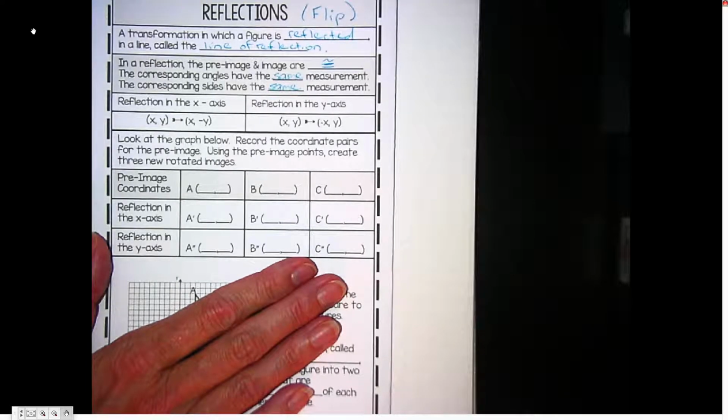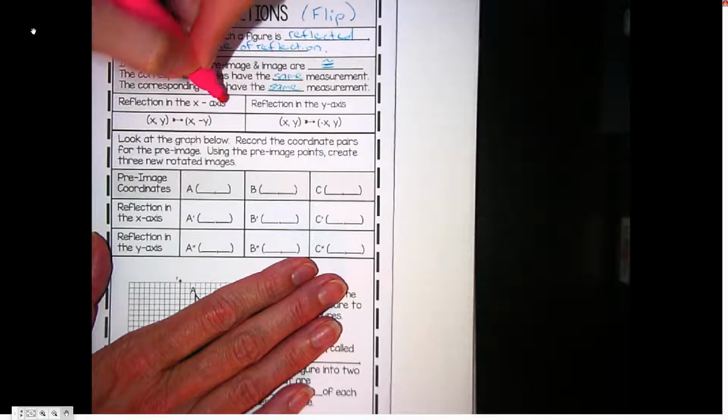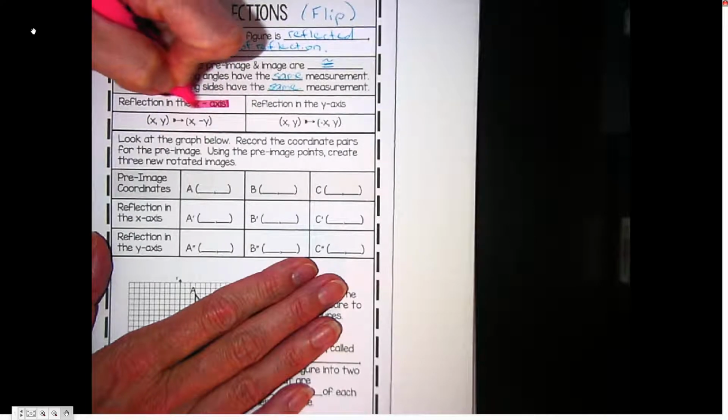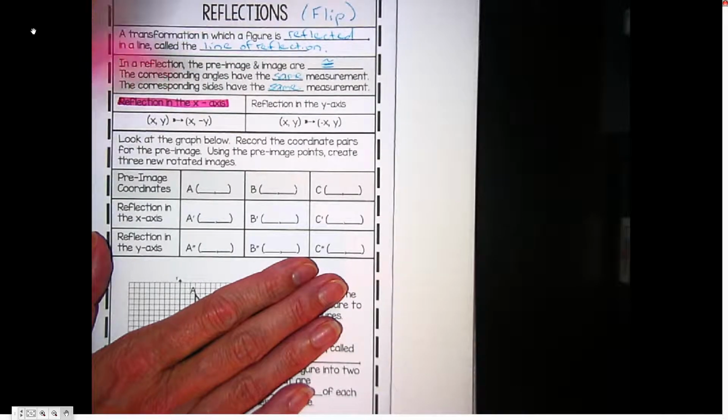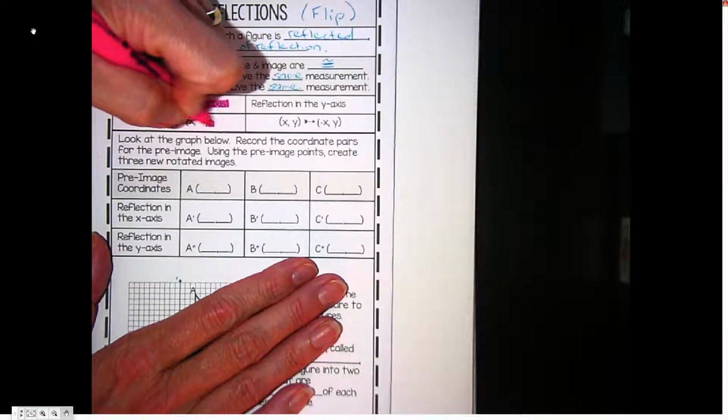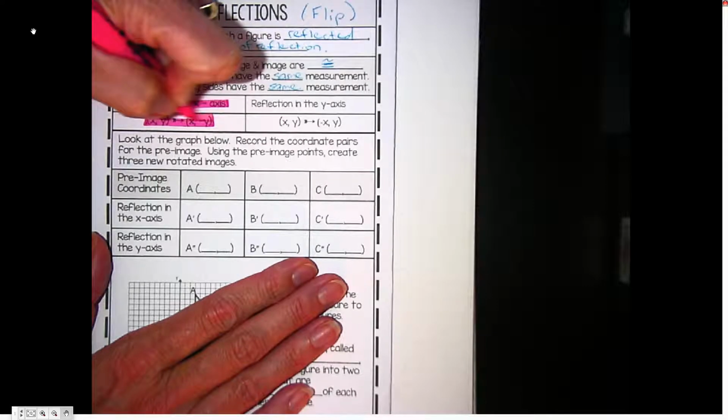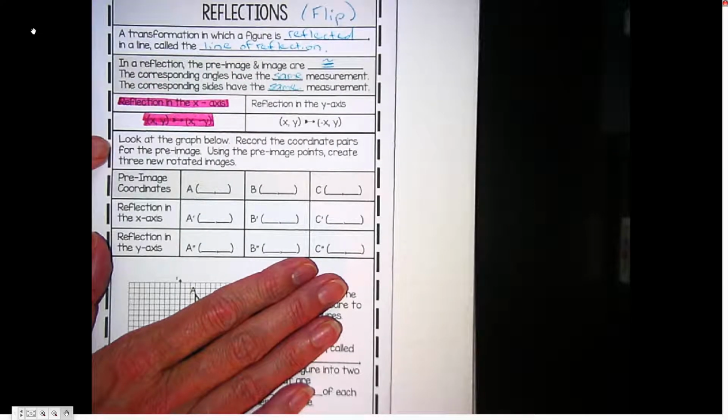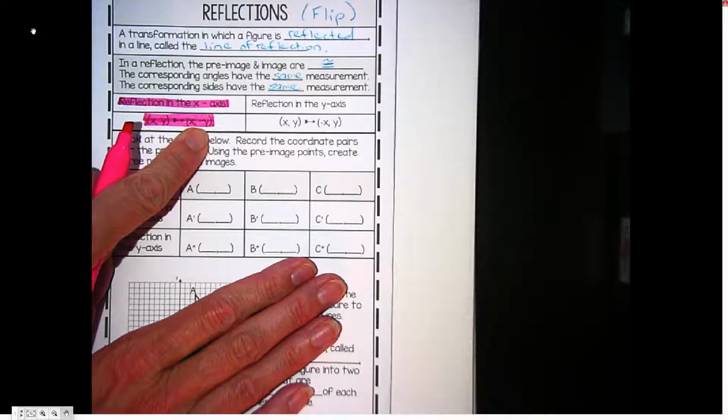Now, these are the rules that you need to remember when you're reflecting across either the x or the y axis. When we reflect across the x-axis, we're changing its position horizontally or vertically. Well, what changes vertical movement? Our y-coordinate. So if you look at this, xy becomes x comma negative y.